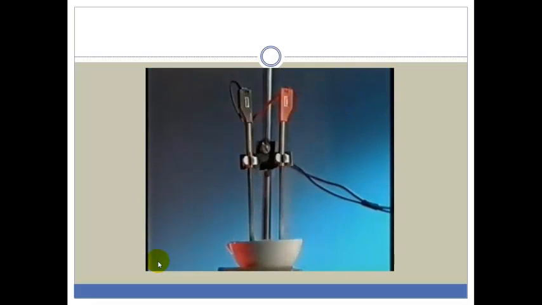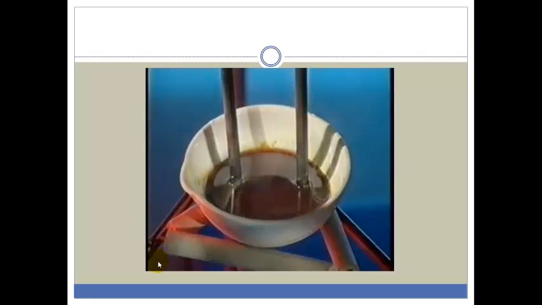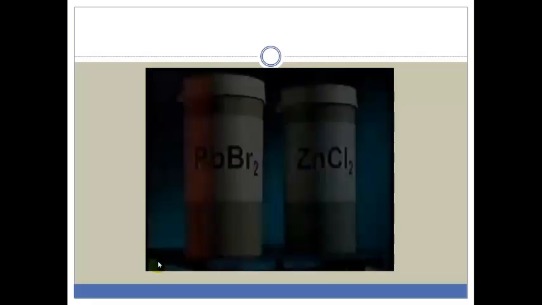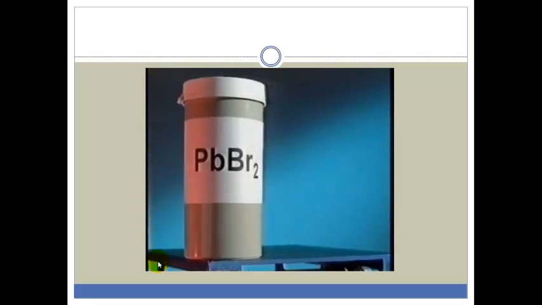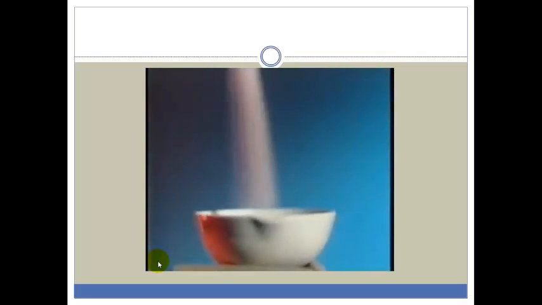Electrolysis of lead bromide only works when the compound is molten. Why doesn't it work when the compound is solid? Change the compound from lead bromide to zinc chloride and the products of electrolysis will be different.